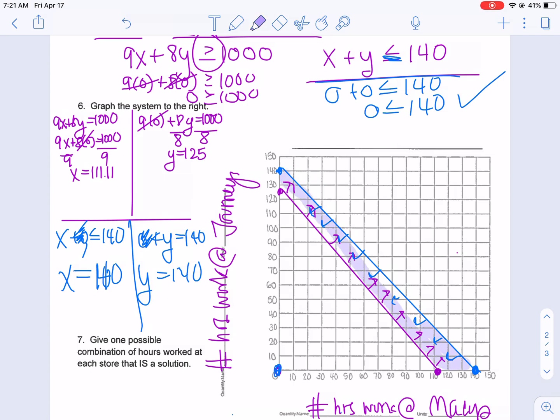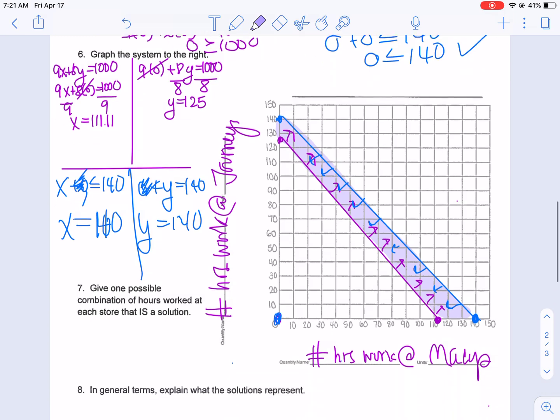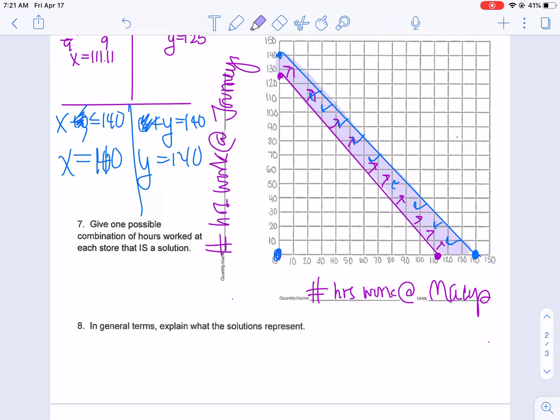So the question is, well, what does that represent? All of the solutions, which we could do number 8 first, all of the solutions represent the number of hours you can work at Macy's and Journeys that will keep you working at most 140 hours, but earn that $1,000 you need.